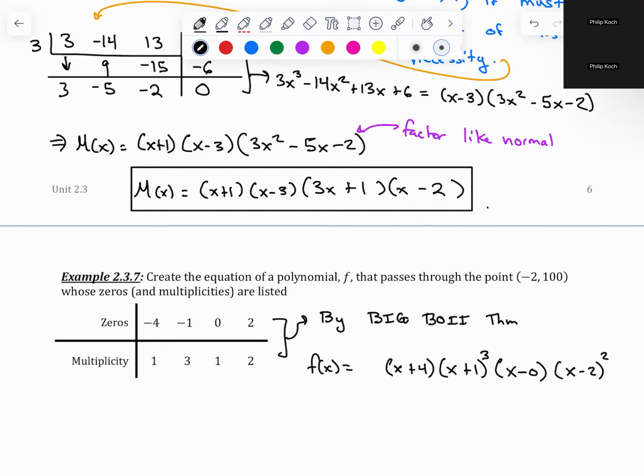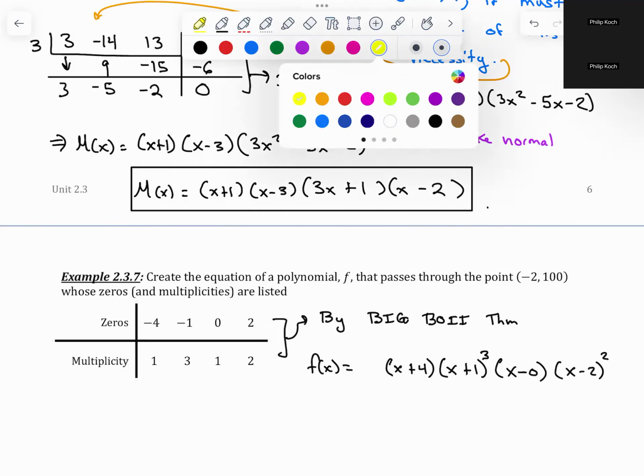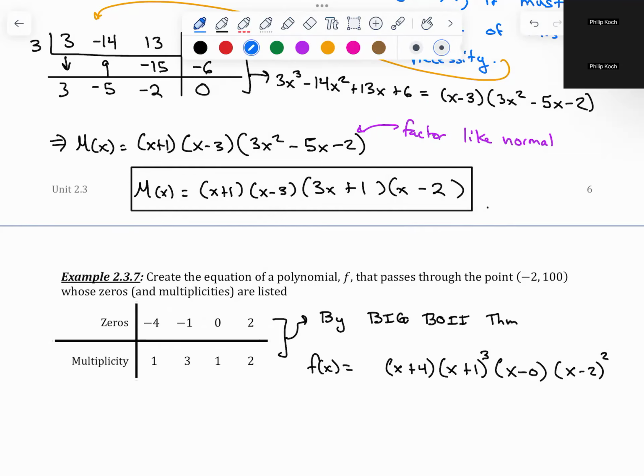In fact, f of x equals, let's use blue, a.